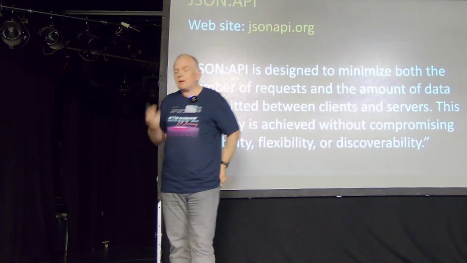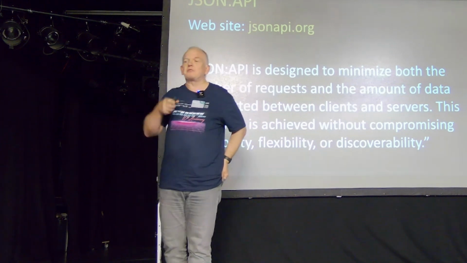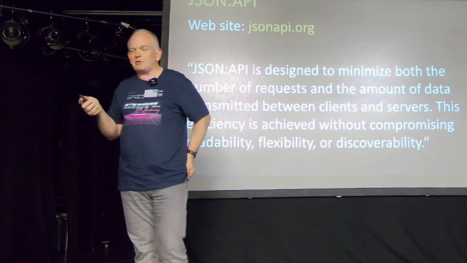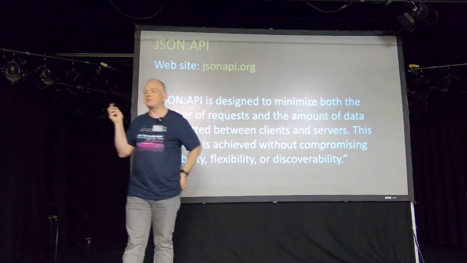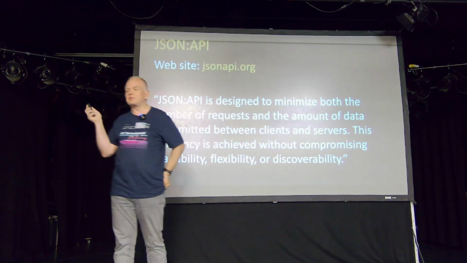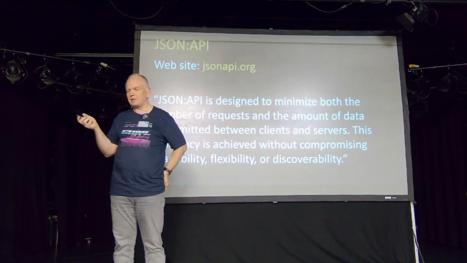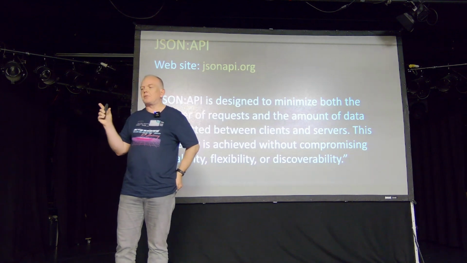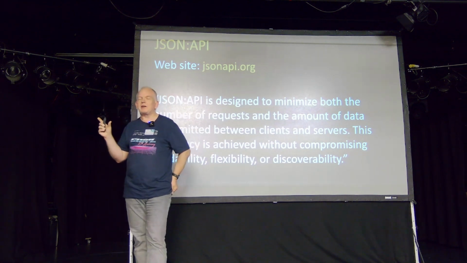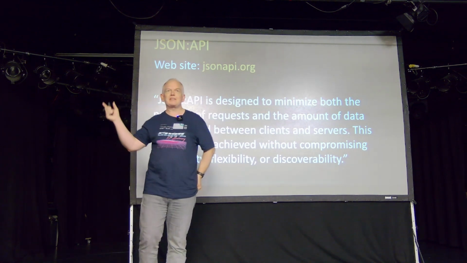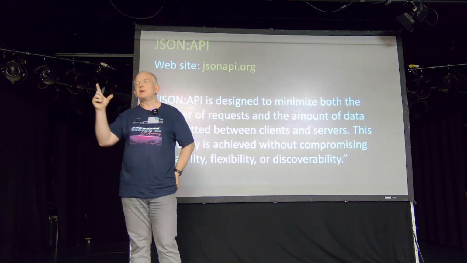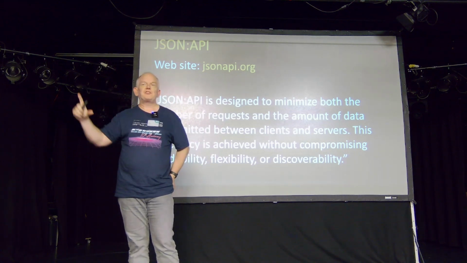So what is JSON API? When you go to the website, jsonapi.org, it says JSON API is designed to minimize both the number of requests and the amount of data transmitted between client and server. This is a big point because many of our APIs deal with huge amounts of data. And of course, we reduce them using pagination.